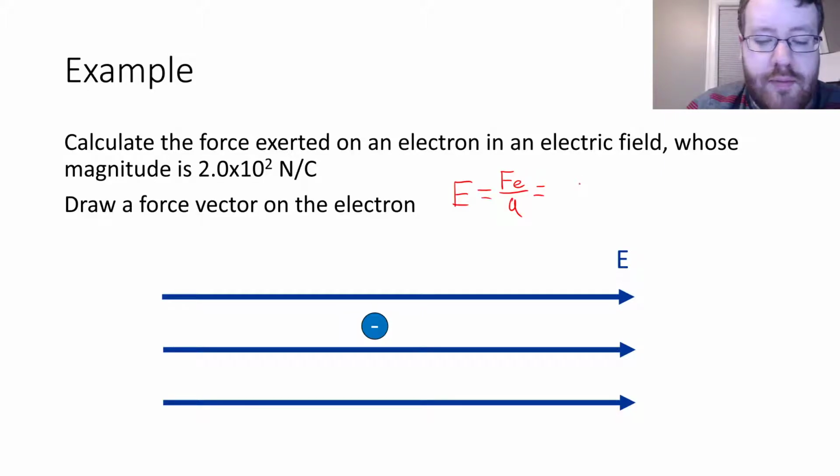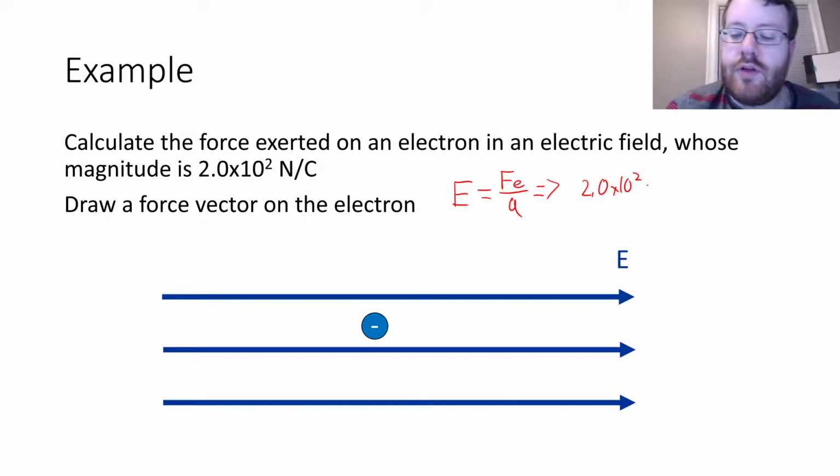My electric field is 2 times 10 to the 2. By the way, you'll notice electric field strengths of around 100 to 1,000 are pretty common. They can vary quite a lot, but you often see them in the hundreds to thousands.